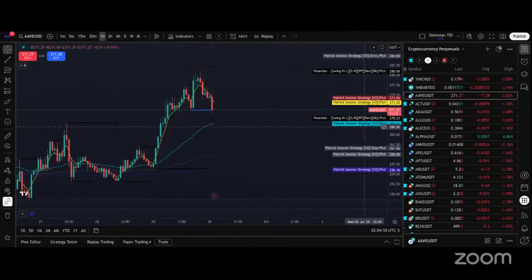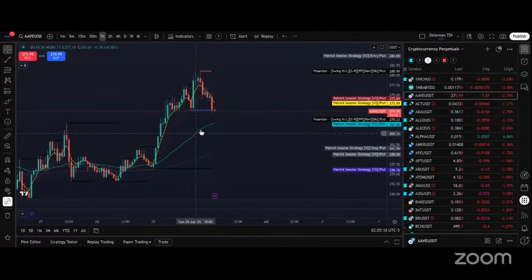Now you have the 50 exponential moving average, the aqua line, the 200 exponential moving average, the gray line, and the 800 exponential moving average, the blue line. If they appear in this order, aqua on the top, gray in the middle, and blue on the bottom, you're looking at an uptrend on that particular asset on that time frame.